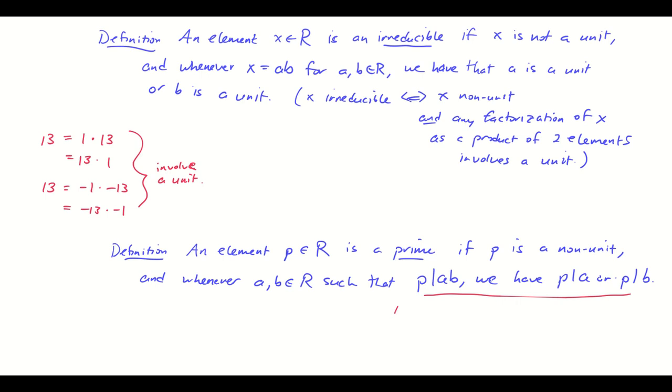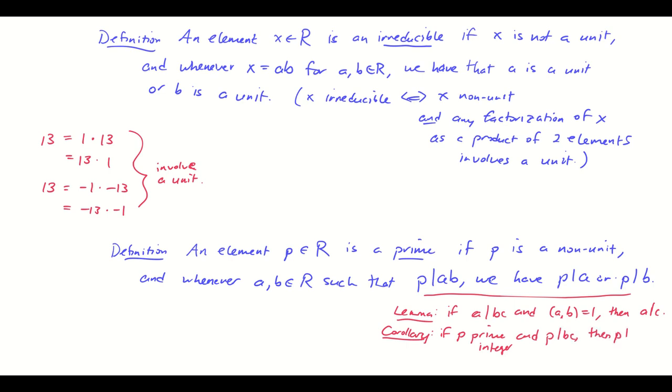We had a lemma, about integers, not general integral domains: if A divides BC and the GCD of A and B is 1, then A divides C. And a corollary of that was that if P is a prime integer and P divides BC, then P divides B or P divides C. The reason that was true for the integers is that if P doesn't divide B, then the GCD of those numbers is 1, which means we can use Euclid's lemma to say that P divides C. So in other words, prime integers behave in the way dictated by this definition.